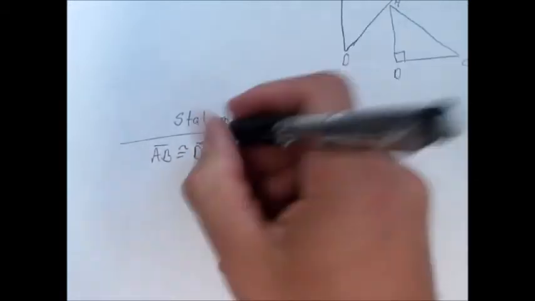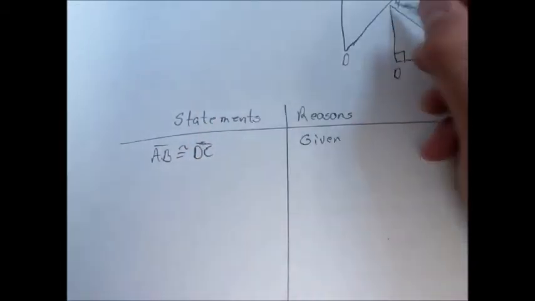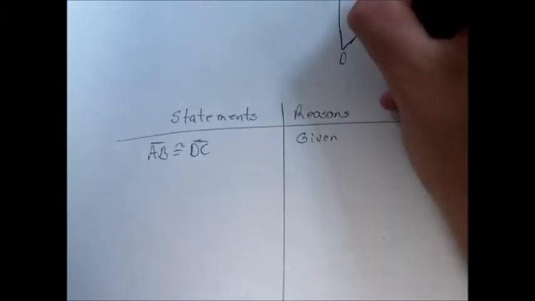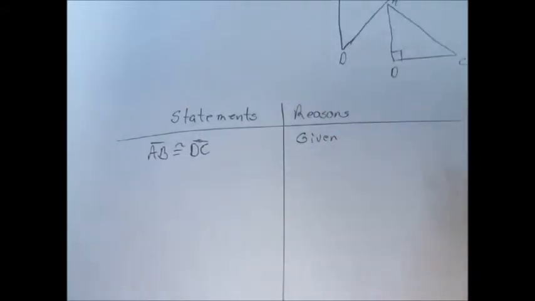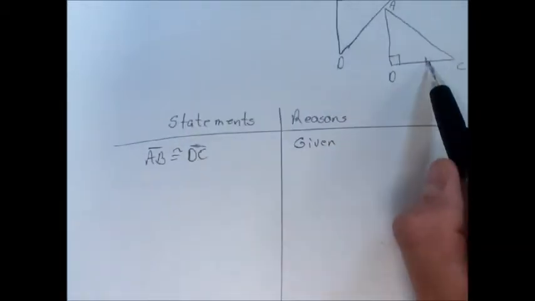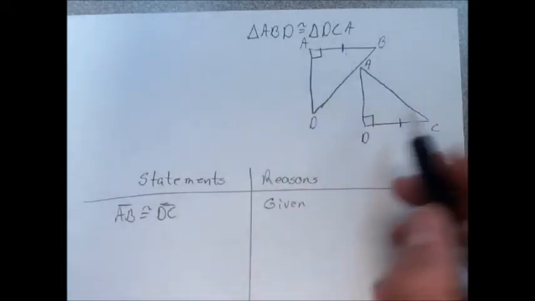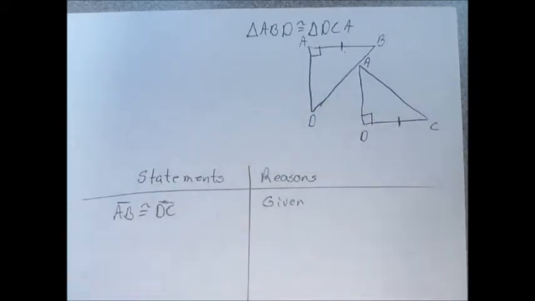So since AB is congruent to DC, I'm going to mark that in my picture. I took AB and I gave it a little mark, and DC and I gave it a little mark.